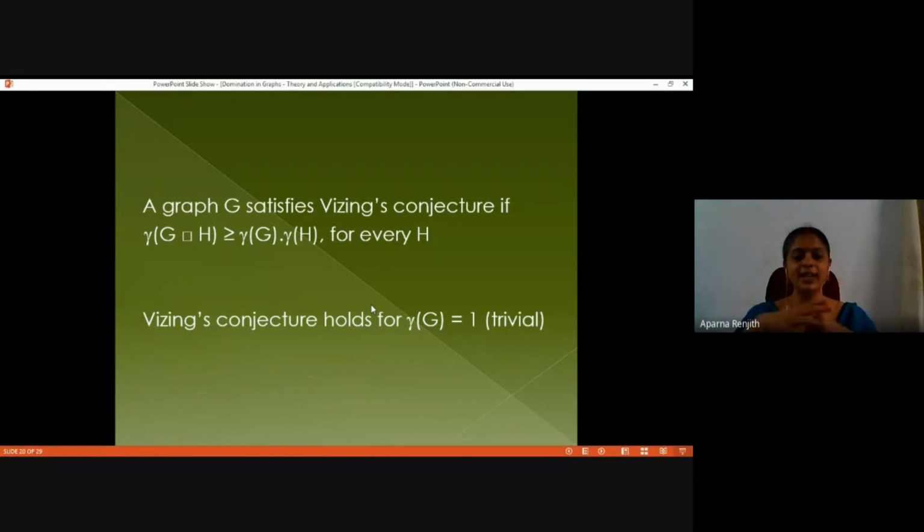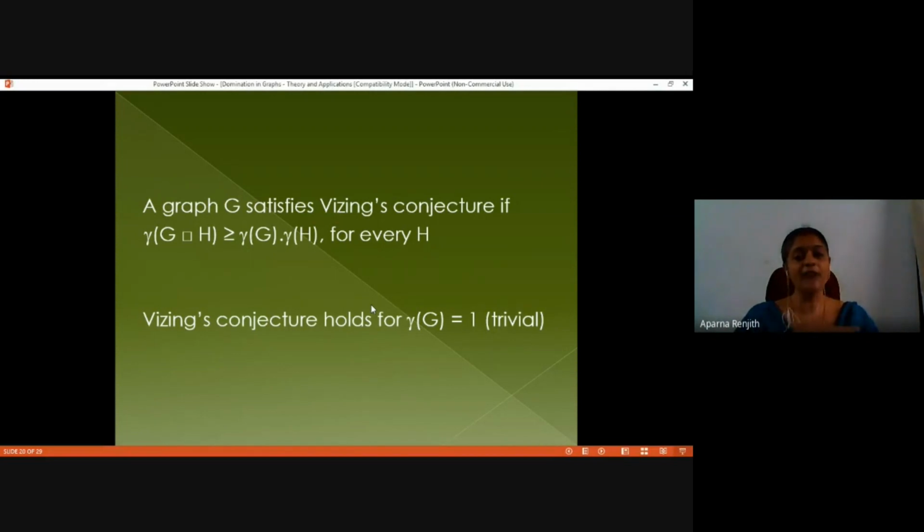So one trivial class is the class of all graphs for which the domination number is 1. Domination number is 1 means there is a universal vertex. So the class which we are considering is the collection of all graphs with a universal vertex. In that case, gamma of G is 1. So the result reduces to proving that gamma of G box H is greater than or equal to gamma of H, because gamma of G is 1.